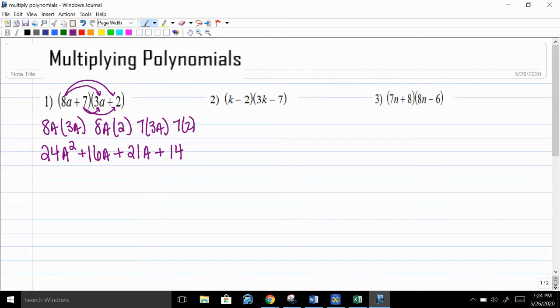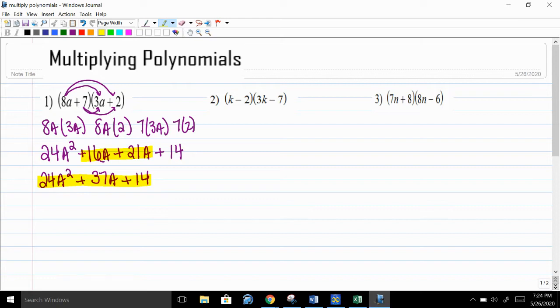Most of the time, when you're multiplying two binomials, there's going to be like terms in the middle, which is exactly what we have here. So my final answer here is 24a squared plus 16a plus 21a. That makes 37a plus 14 at the end, okay?